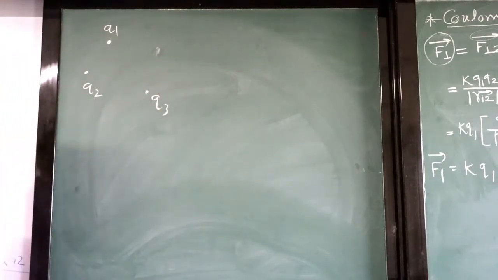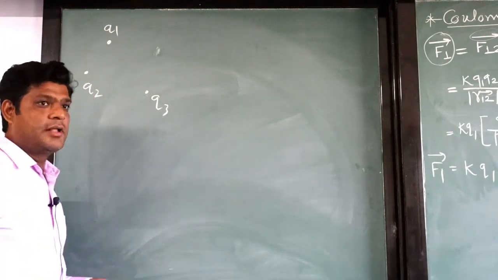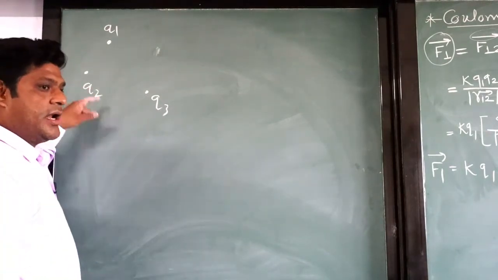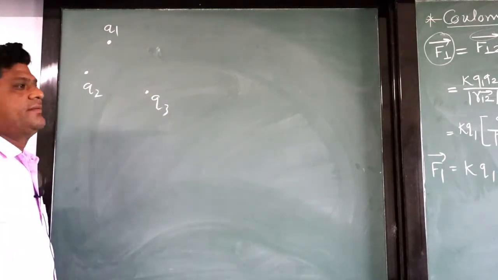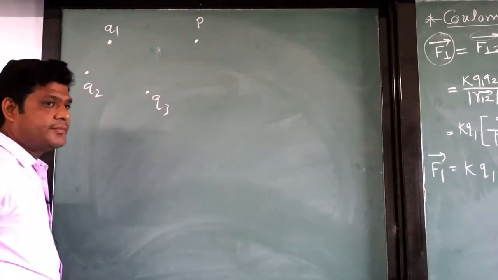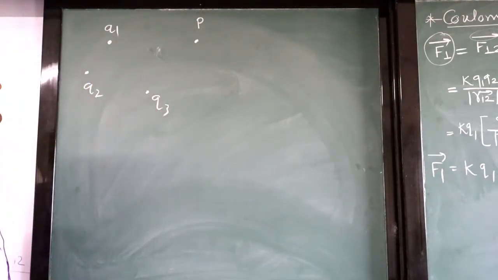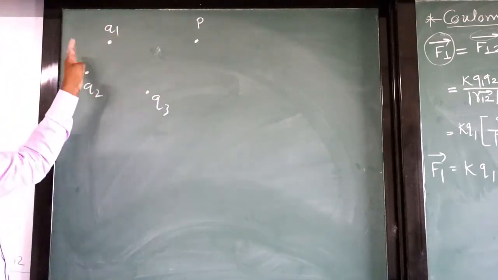Three charge particles are there, and due to these charge particles, electric field is present around all these charge particles. So now, what is the electric field at a given point? Suppose we consider a point P over here, and we are calculating what is the electric field at point P due to these charge particles.